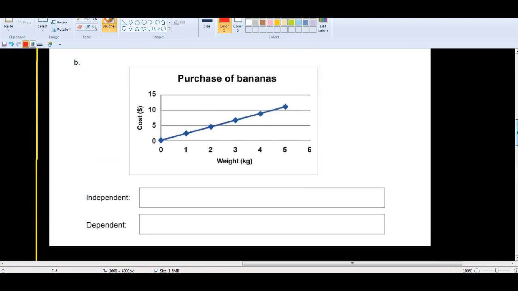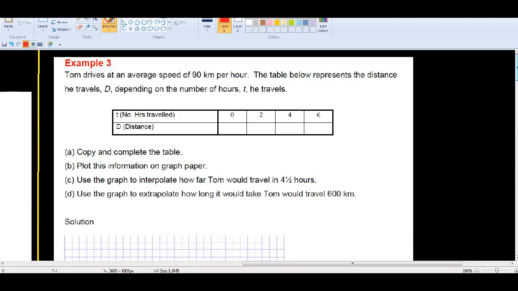Alright, let's have a look at this one. Again, we will have two variables. Let's see which variable is independent and which is dependent. Tom drives at an average speed of 90 km per hour. The table below represents the distance he traveled, D, depending on the number of hours.